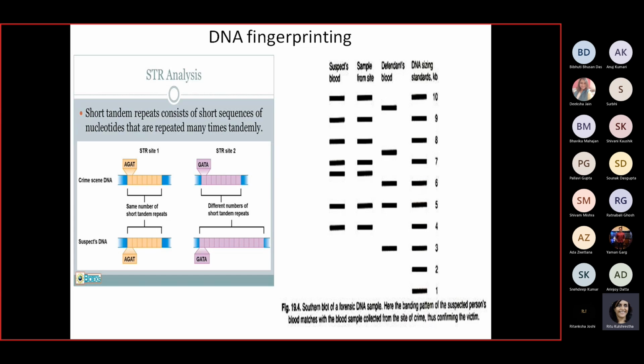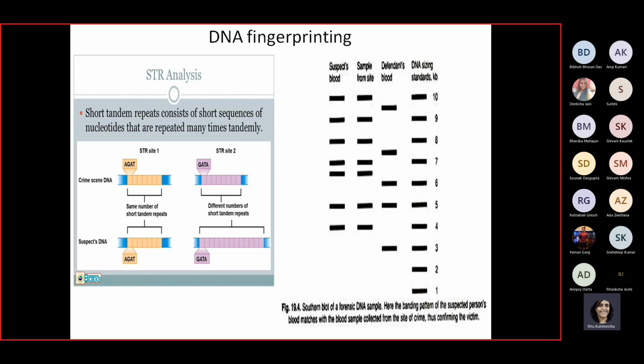Then DNA fingerprinting, I think many of you might be aware of it, and it is generally talked about in terms of forensics, when you have to identify to which individual the DNA present at a particular place belongs. So how can we, just by looking at the DNA, identify whether it belongs to the same individual or different individuals?